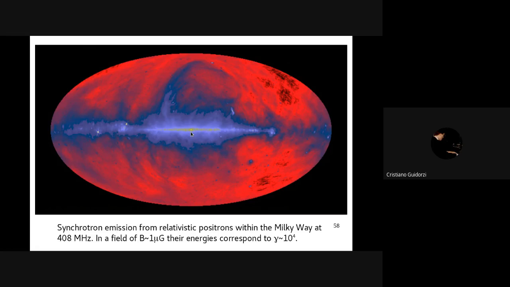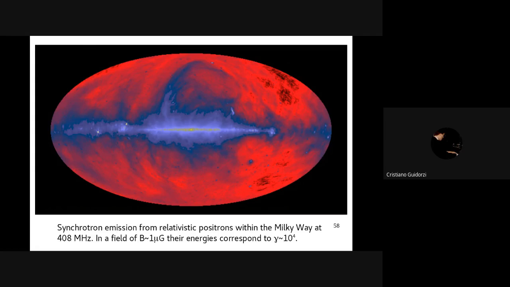We have many ways to measure it, but I'm not going to say how we did this. But in this case, for example, you can immediately estimate the typical energy of the electrons which are contributing to this synchrotron emission. We know that this is synchrotron emission from the spectral properties. And you are receiving energy at a frequency around 400 megahertz.